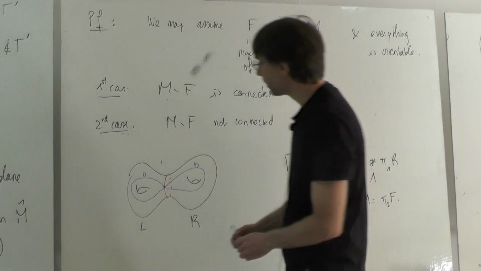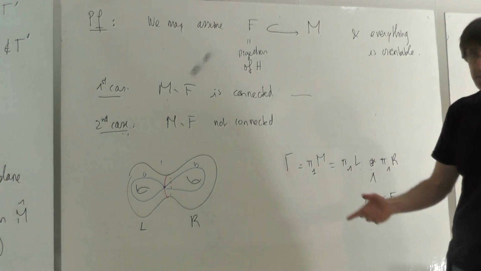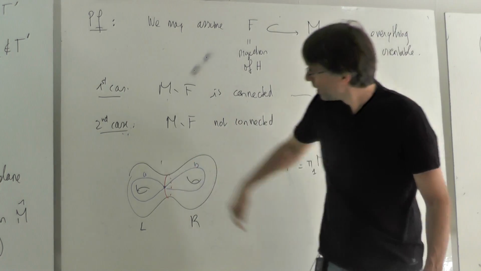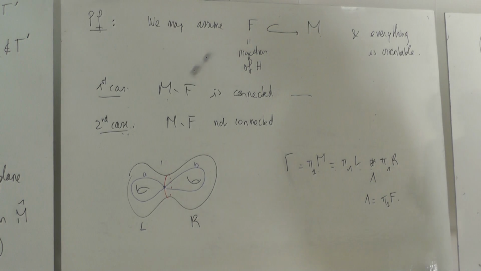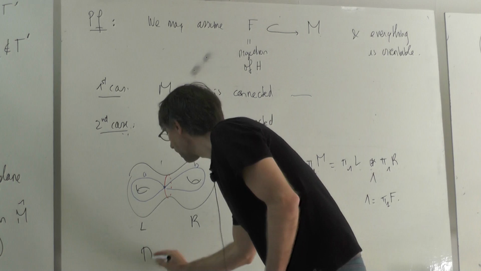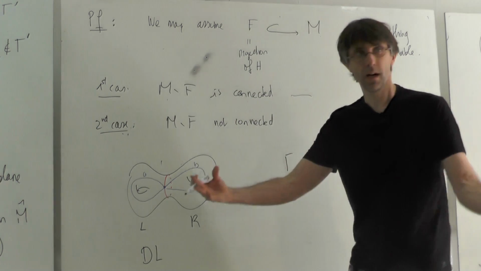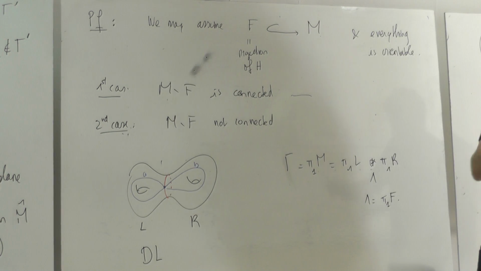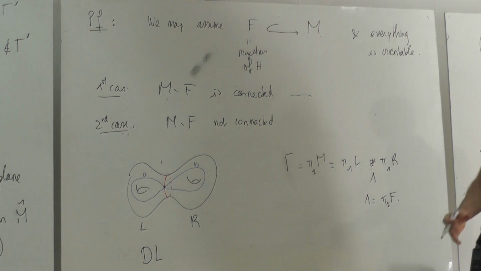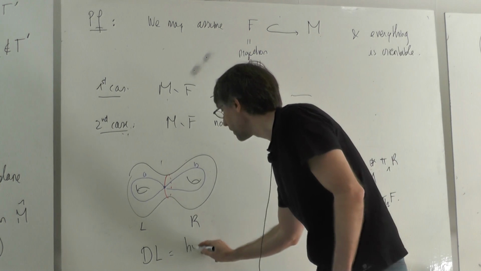Well, one can use the Borel density theorem, in fact, to prove that. Why? Because the red part is a geodesic submanifold. And so if you take the double of L, take L and glue it again to itself along the boundary, it's a totally geodesic boundary. So if you take the double, it's still a hyperbolic manifold.